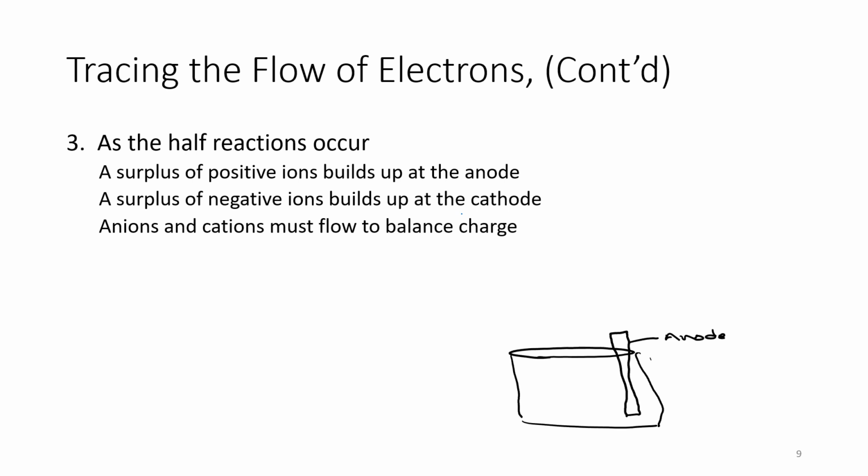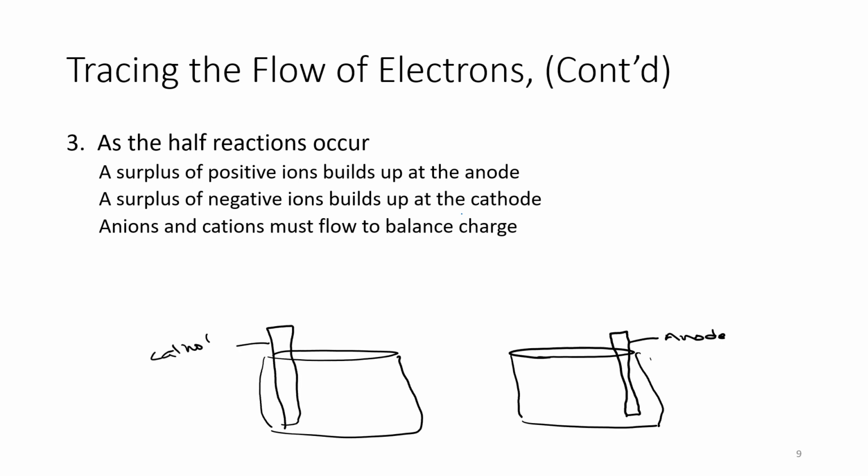And we're going to have fewer and fewer of them at the cathode side. So let's just say here we have this thing. So what we're going to have here, let's do our zinc 2, and over here we've got our copper 2s.